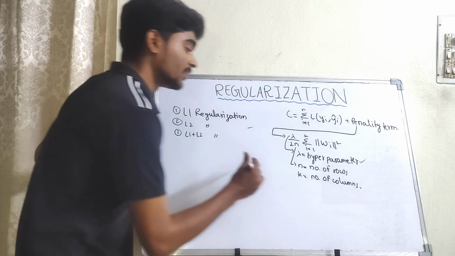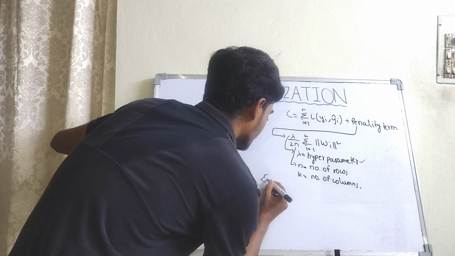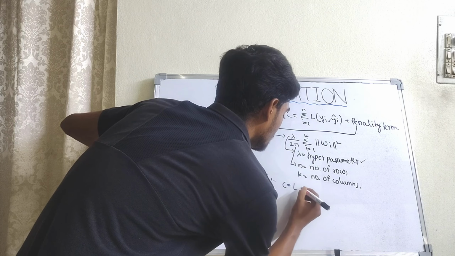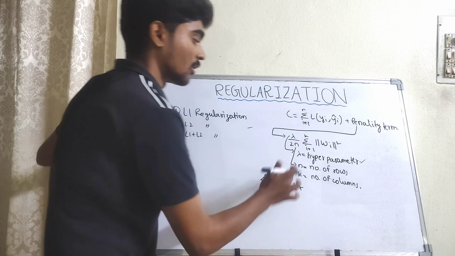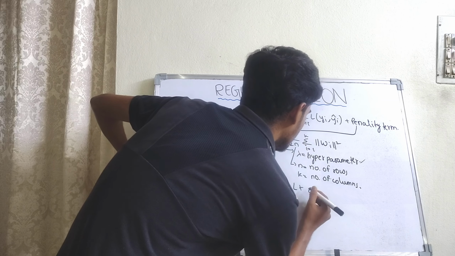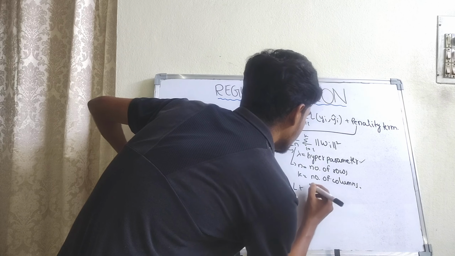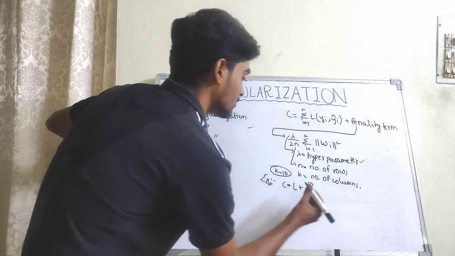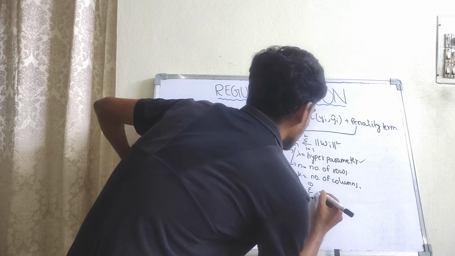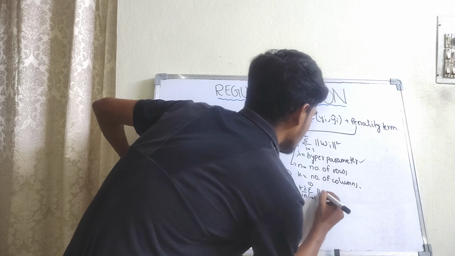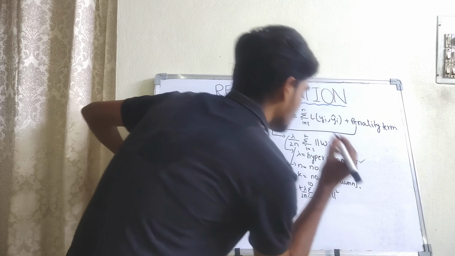Now let me explain with an example. C is equal to loss plus the summation of i, and I am taking the k value as 10, so it becomes lambda by 2n summation of modulus of wi whole square.